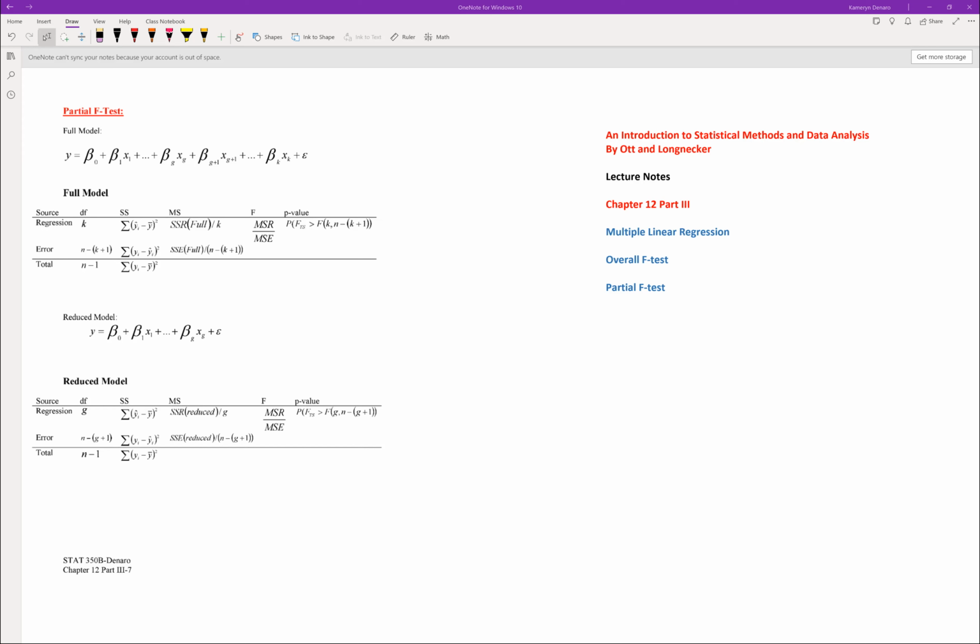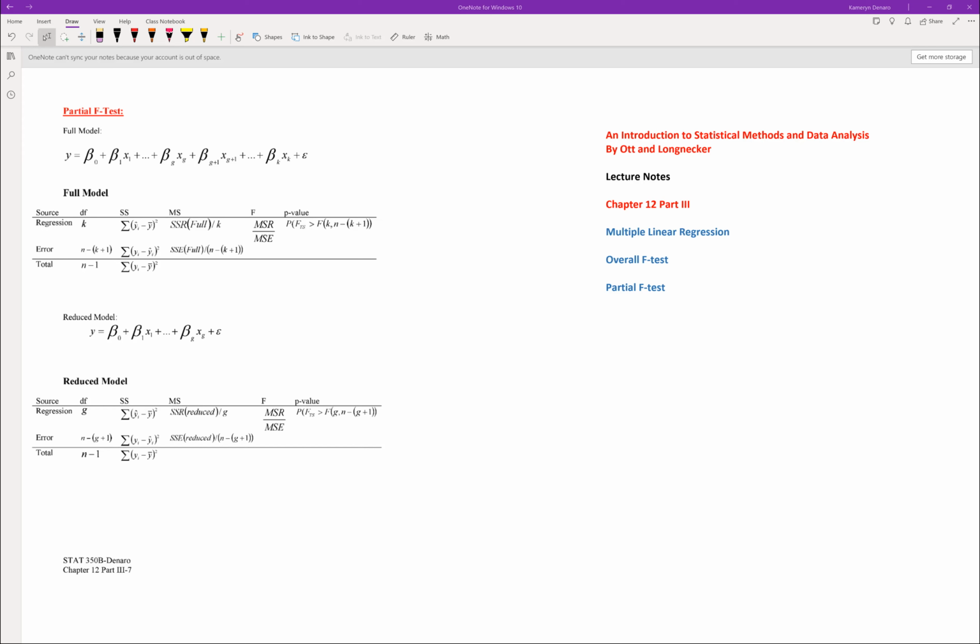If we want the mean squared error under the full model, we take our sum of squares error based on the full model, divide by N minus K plus 1. The F-test statistic in this case is our MSR of the full model divided by our MSE of the full model. We can calculate the p-value by finding the probability that our test statistic falls beyond a certain value, assuming the null hypothesis is true.